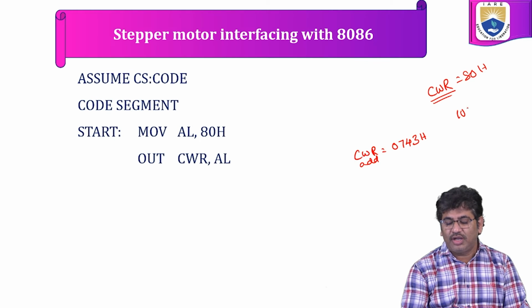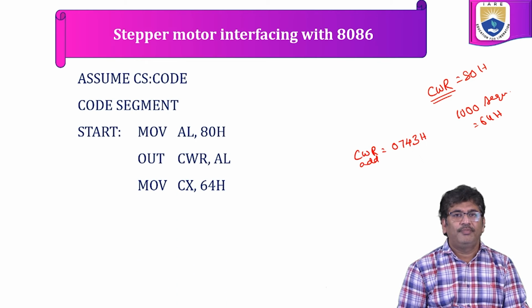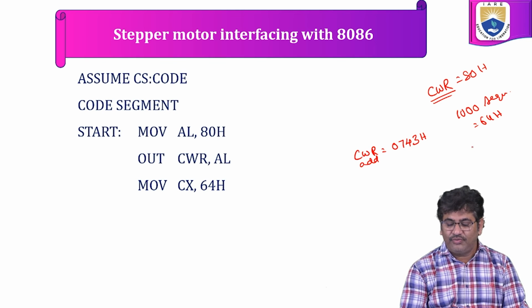We require a total of 1000 sequence pulses, which in hexadecimal is 64H. So we will move this count into the CX register: MOV CX, 64H. This is for loading the number of sequences we have to send for rotating the stepper motor in clockwise 5 rotations.